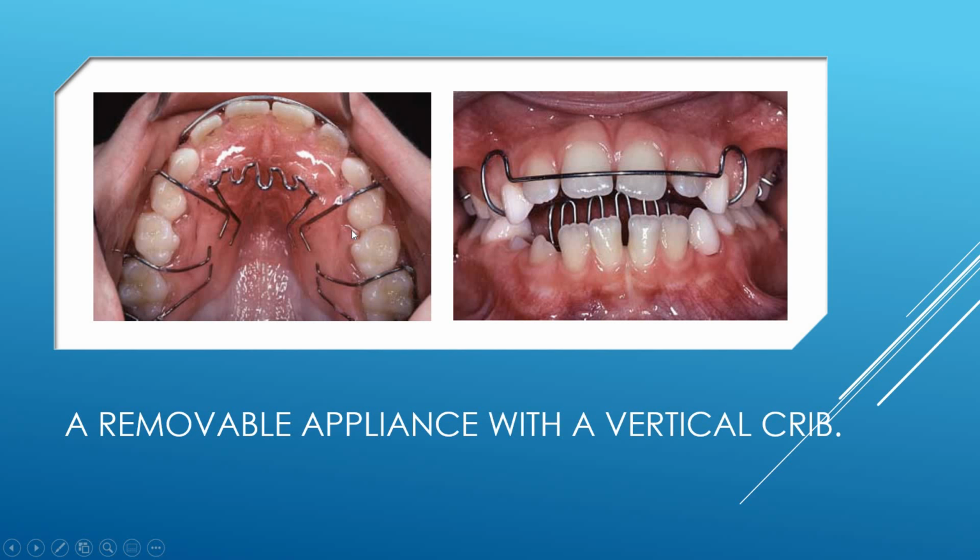Also, we see here a removable appliance with a vertical crib. It is important to make the crib long enough to be an obstacle for the tongue. Sometimes the intrusion effect can also be further increased if a high pull headgear is combined with a transpalatal bar.